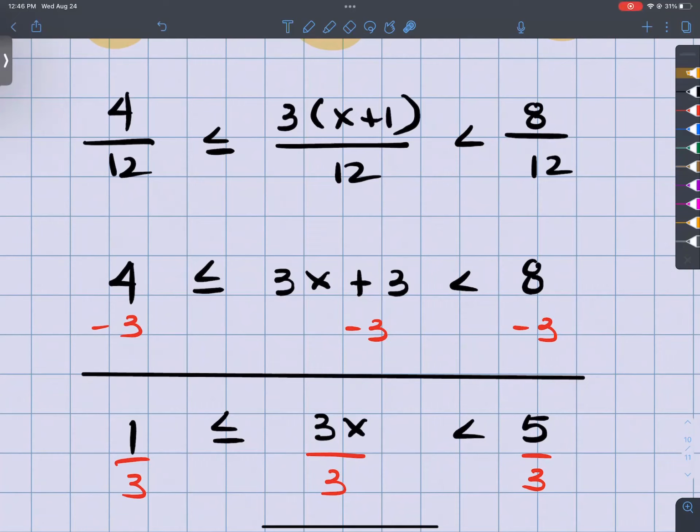If it points the other way, well, I shouldn't say that. I should say sometimes when it points the other way, it will point away from each other. And you will see that in absolute values. And yes, there are absolute value inequalities coming up.